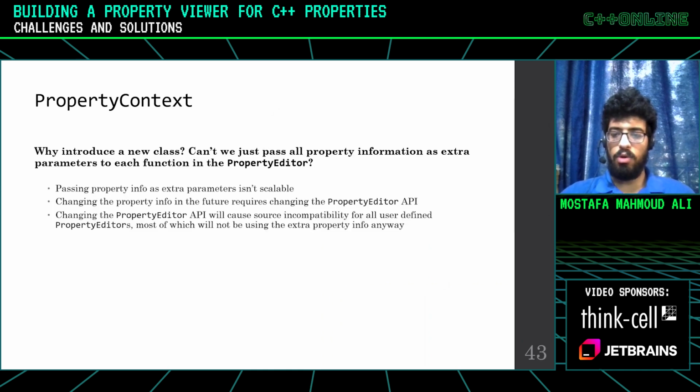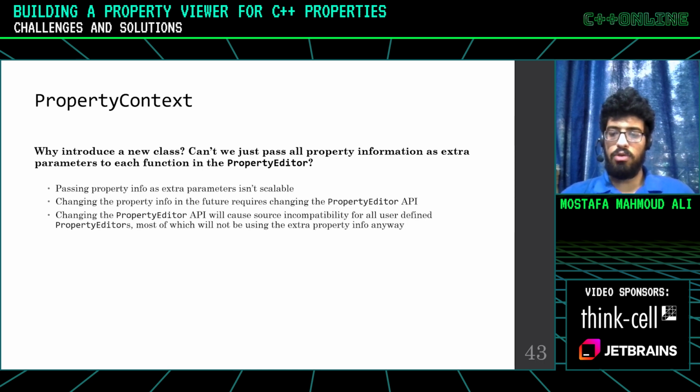Somebody might ask why introduce a new class? Can't we just pass the property alongside its value and owning object as extra parameters to the functions that need them? And the reason is that passing the property value and its owning object as extra parameters to all these functions that can make use of this information poses a scalability issue.